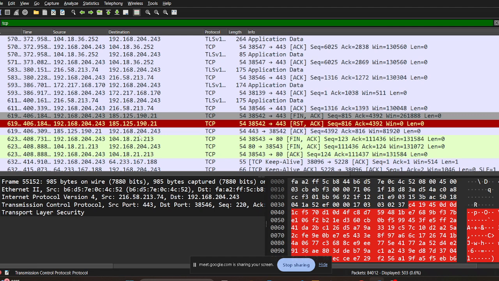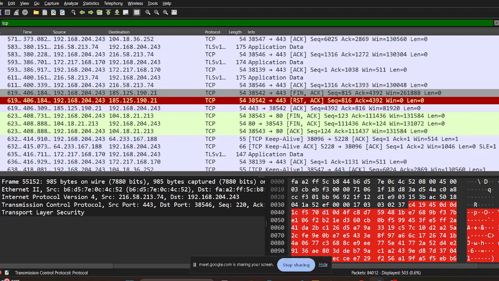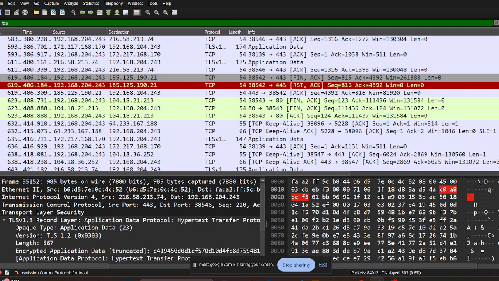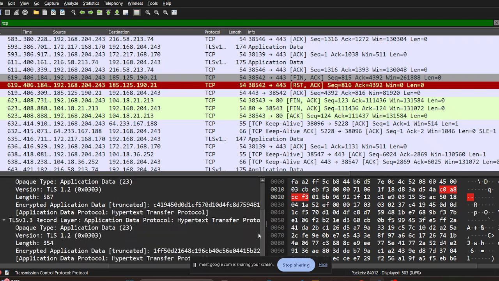Can you see it? I've tried to zoom some. It's bigger now. It's better now. All right.